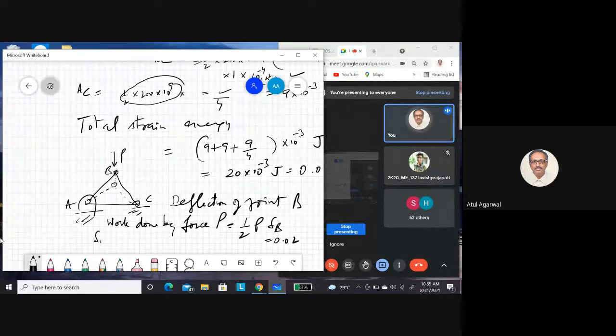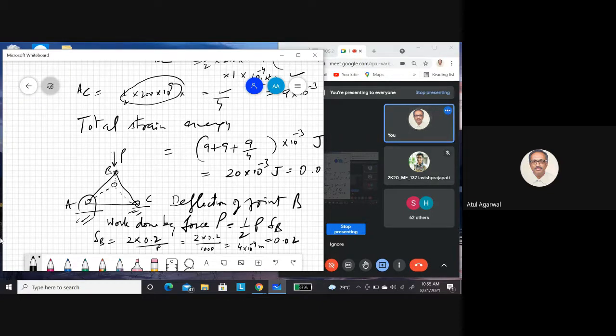So what is your delta B? 2 into 0.02 divided by force P. The force P is 1000 newtons. So you see this is 4 into 10 power minus 4 meters. So that is deflection of point B.